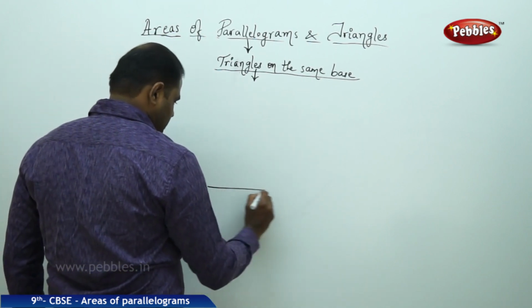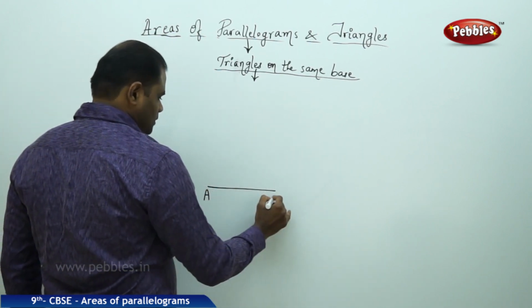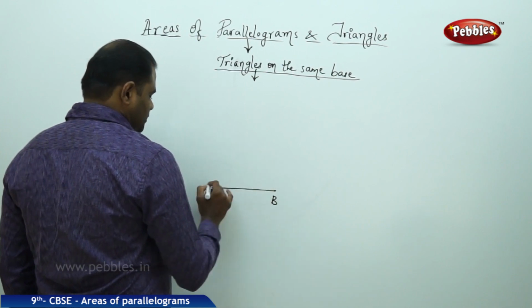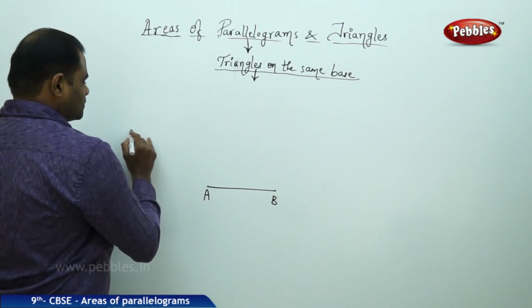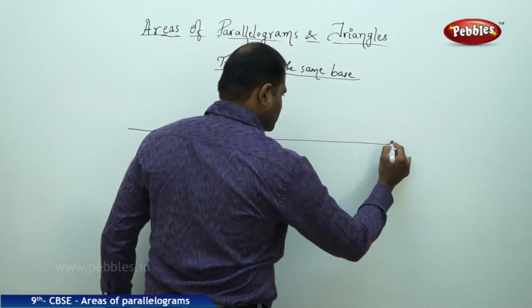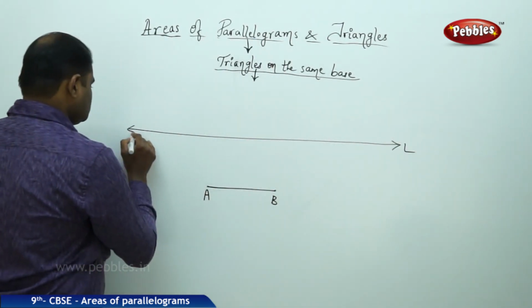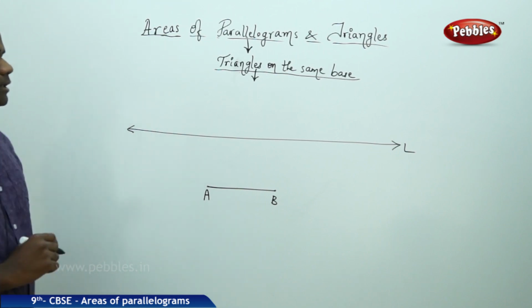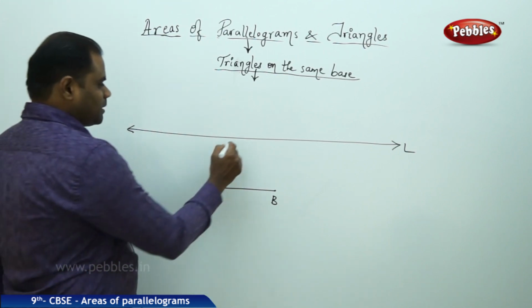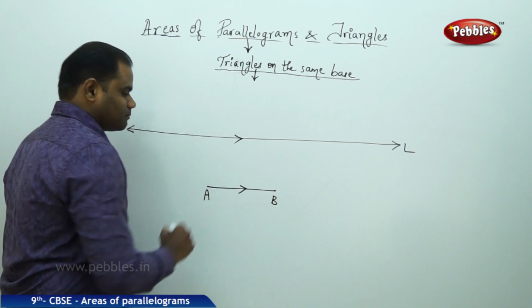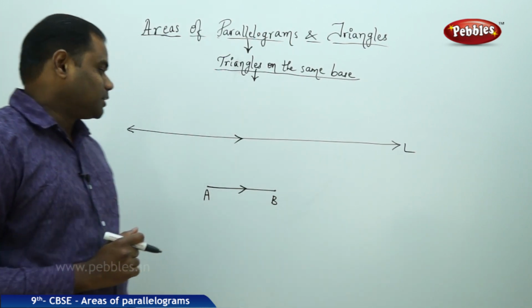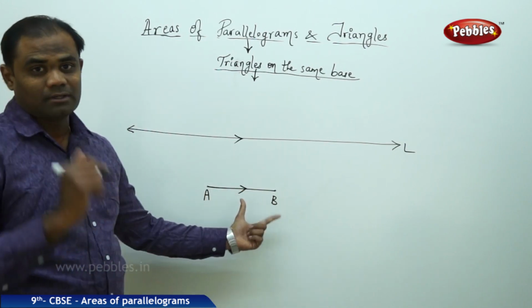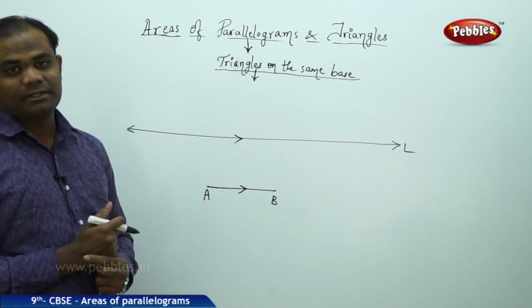Imagine I take the same base, which is AB, just like in the previous case of a parallelogram. So with the same base AB and between the parallel line L, let's say this line is parallel to the same base AB. Now let me draw two triangles which are with the same base AB and which are between the parallel lines.